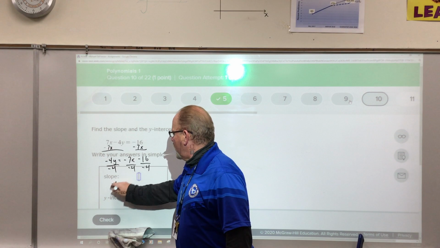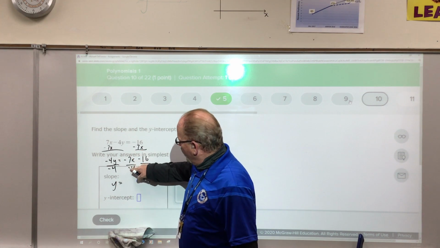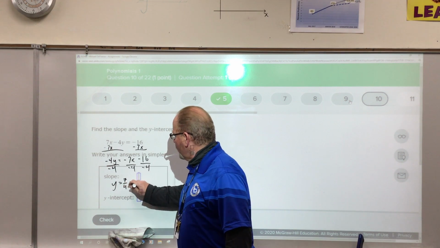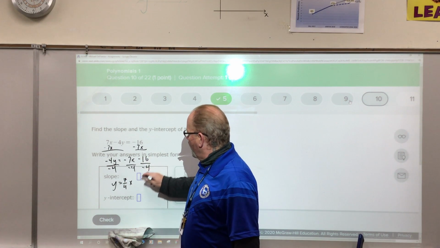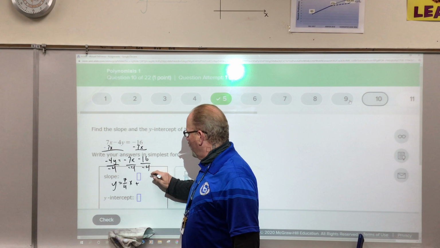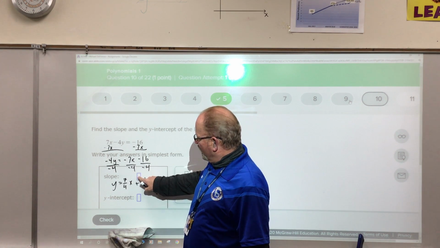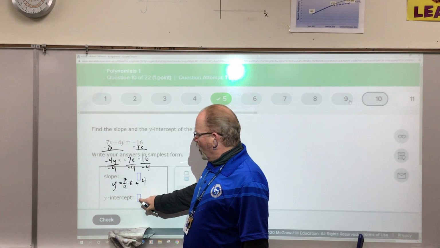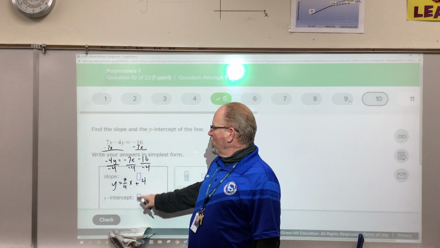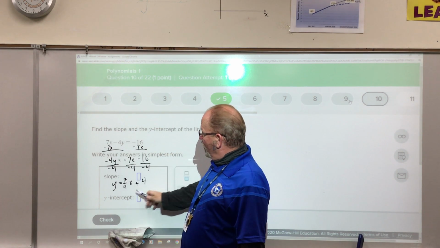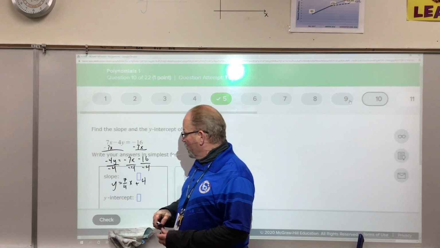So y equals negative over negative, positive 7/4 times x, minus over minus, plus 16 over 4, which is 4. The slope is 7/4, the y-intercept is 4. You just do the math, solve it. Get y alone, and then you have a slope and an intercept.